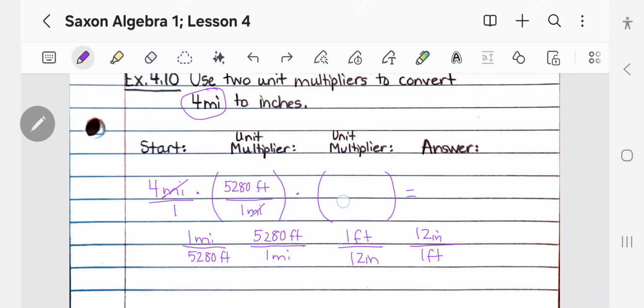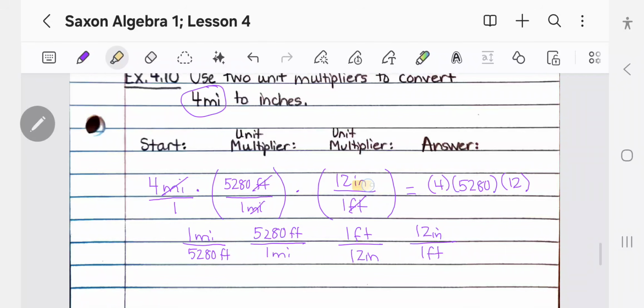So let's put 1 foot on the bottom, and let's put 12 inches on top. All right, now we can cancel our units. We have a foot here and a foot here, and we can multiply straight across. We're going to have 4 times 5,280 times 12, and the only unit that we have left in the problem is inches. So our answer will be in inches.